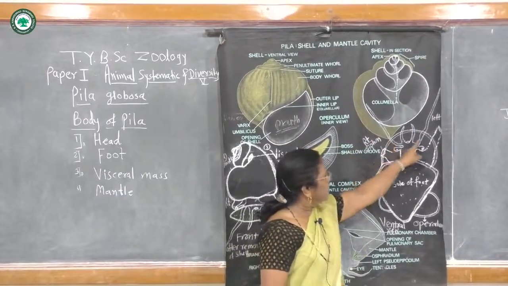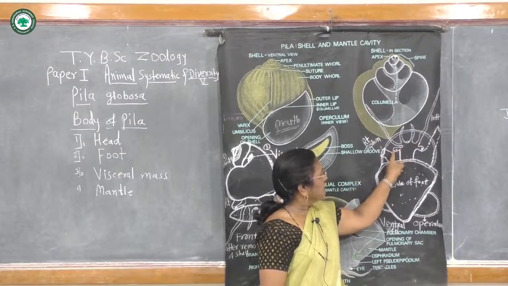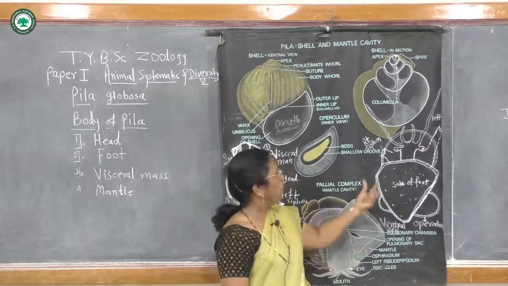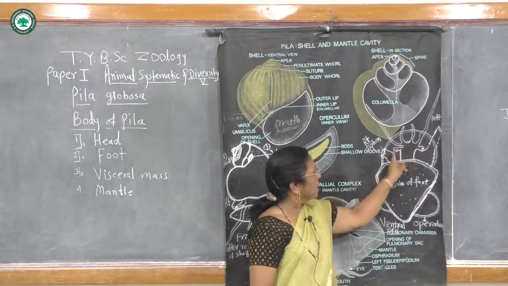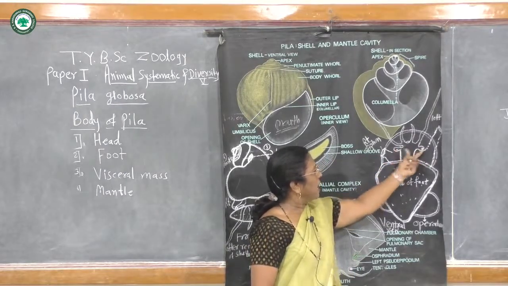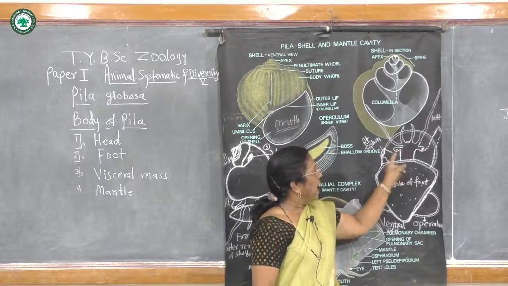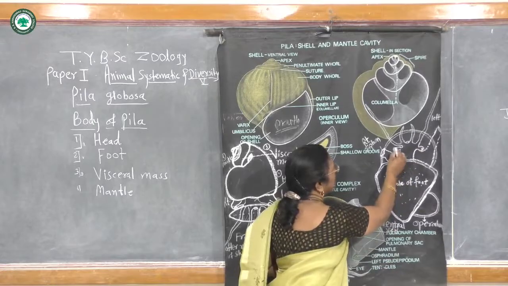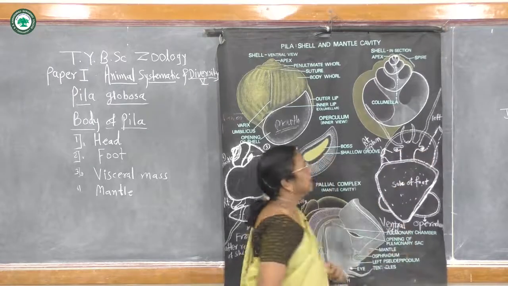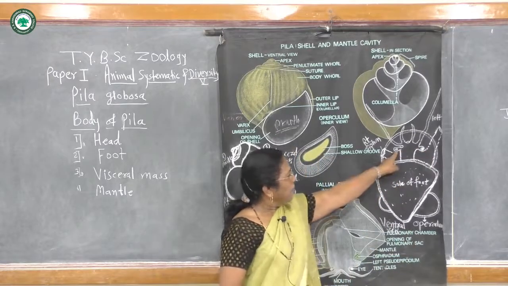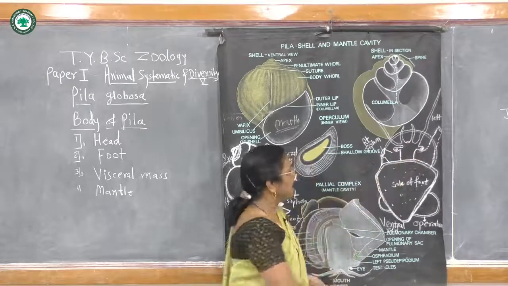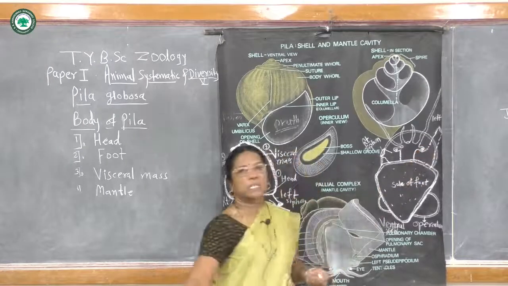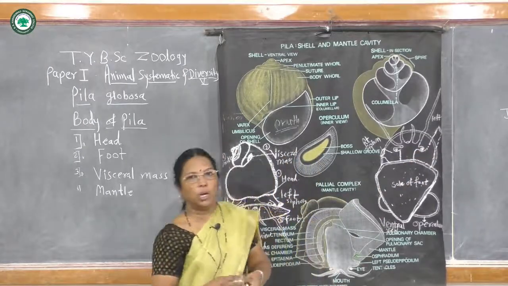Behind this second pair of tentacles there are cylindrical stalk-like ommatophores on either side of the head. At the base of each ommatophore, eyes are present, and behind these eyes there is a skin fold which gives siphons or nuchal lobes.